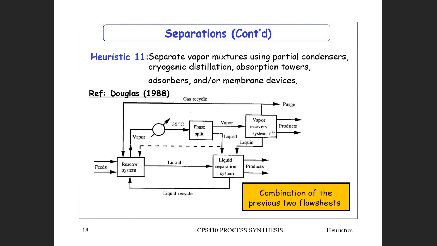The rest of the components that can be recovered will come off at the bottom of the distillation column as a liquid, and some of the products can come off that distillation column as well. So the vapors we take to the purge.